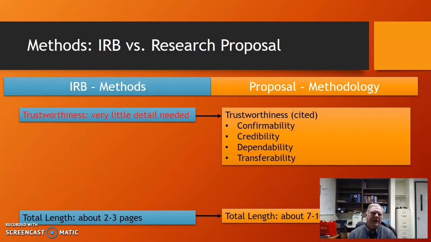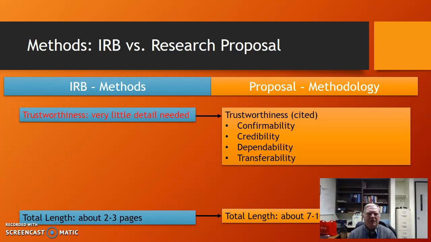You need to explain in a few sentences what each one is and how you propose to make sure that those parts of trustworthiness are actually going to be covered in your study. That's not as important in an IRB. So you may explain a little bit about it, but not very much.